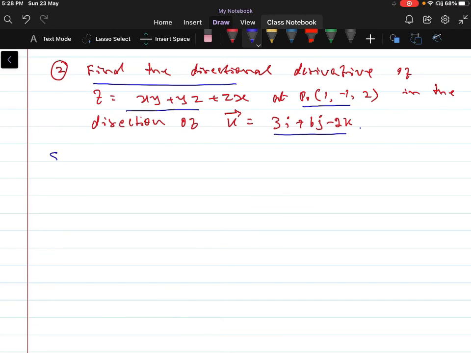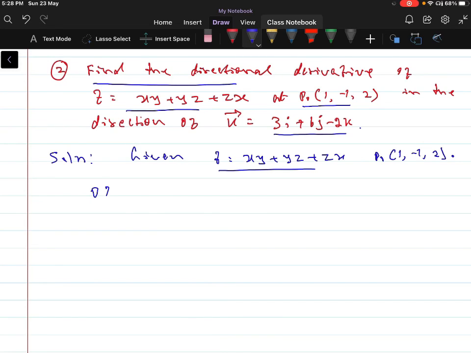So let us move to the solution. Given function f is equal to xy plus yz plus zx at the point p naught, that is 1, minus 1, 2. So let us find out the gradient of f.